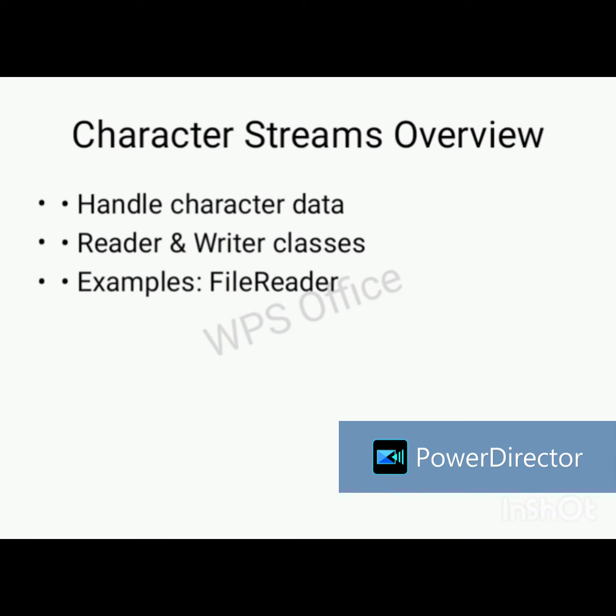Some commonly used classes: FileReader and FileWriter directly read and write character data from and to files. BufferedReader and BufferedWriter improve efficiency by buffering input and output. PrintWriter offers convenient methods like print and println for formatted output.